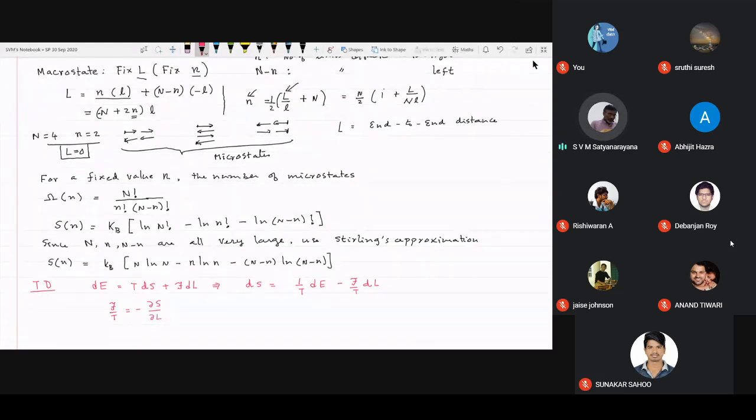Okay, so now you can see that the expression of entropy that we have here, if we can recast this expression in terms of this capital L, then the partial derivative of S with L will give us F by T. So we will use this relation here to find out what is the entropy as a function of L. So let us write n is equal to N by 2 into 1 plus L by NL.